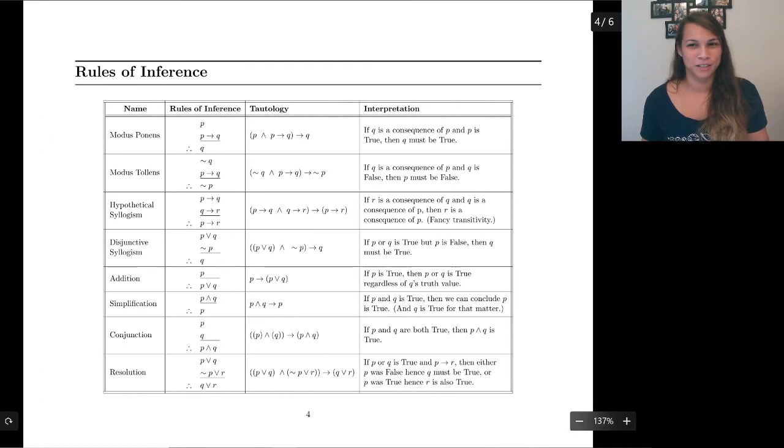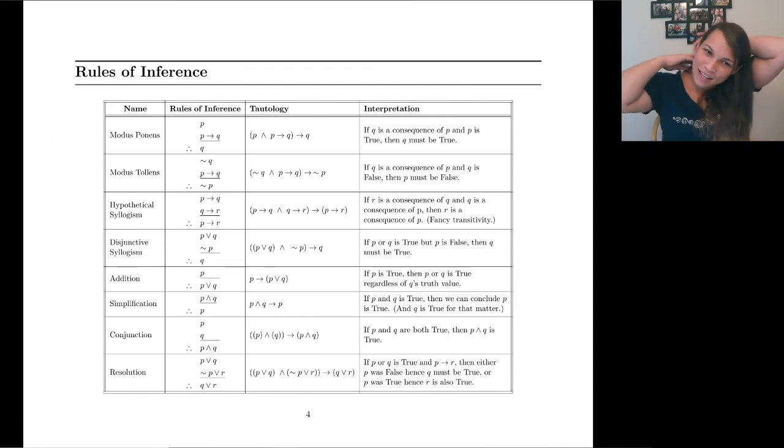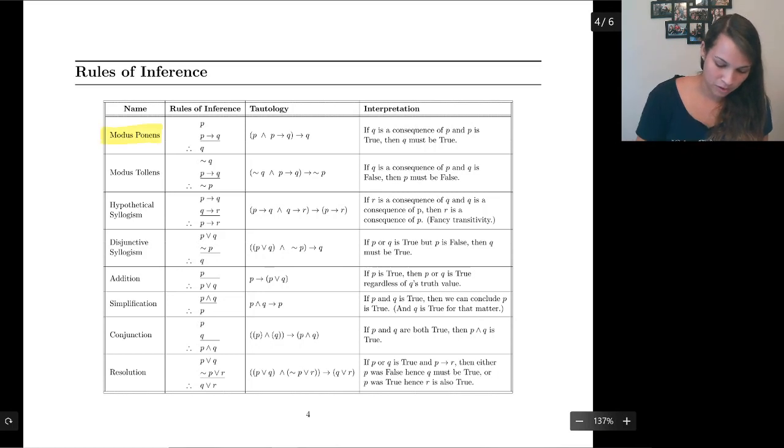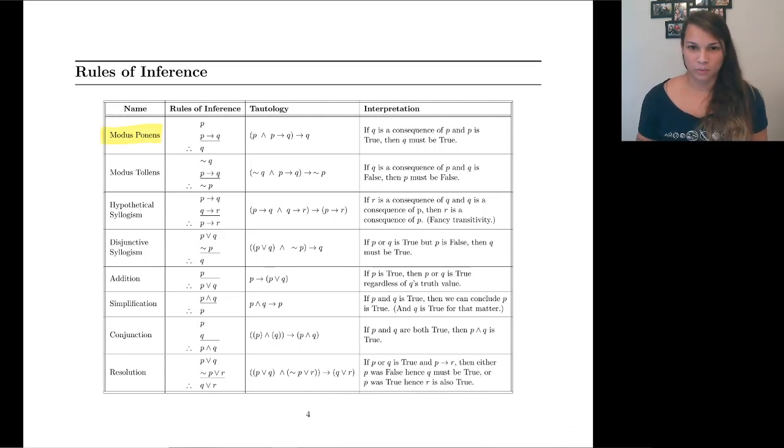So for example, you would see a table that looks much like this. Very first one, you'll see Modus Tollens. That is the one that we just went over. What my table has that I think is kind of unique, I was trying to find a table online to just copy, and I didn't like any of them, so I have this little interpretation column, and I think that's basically all you need in order to understand these.